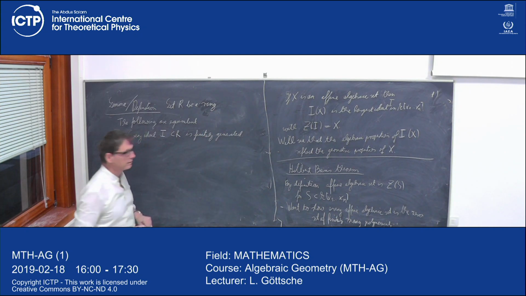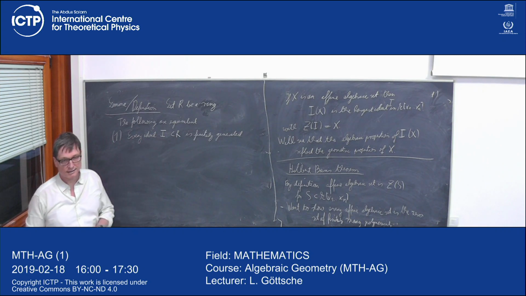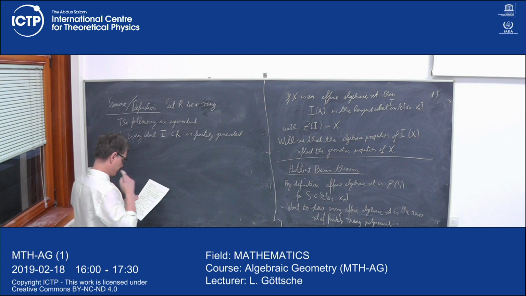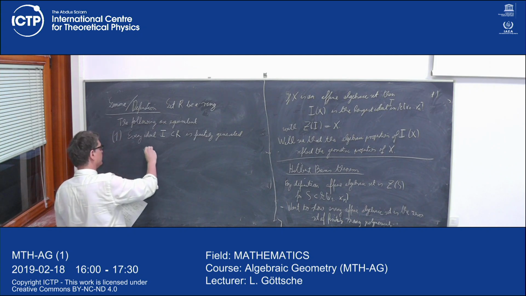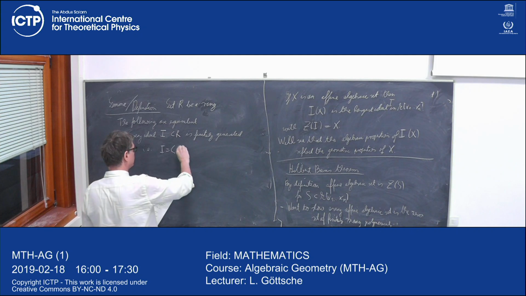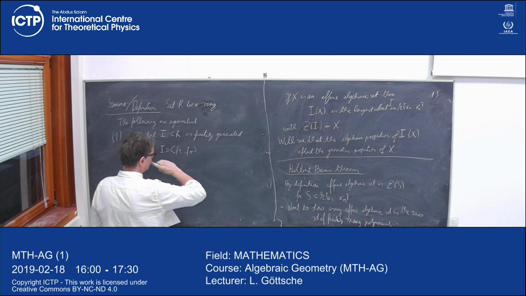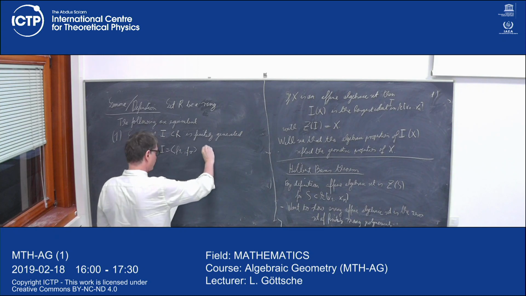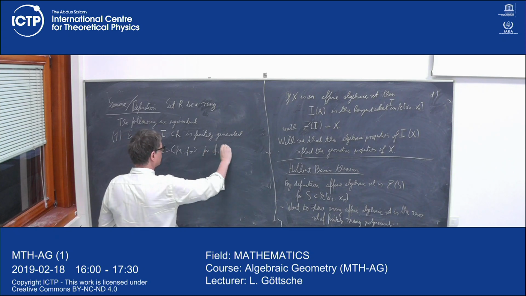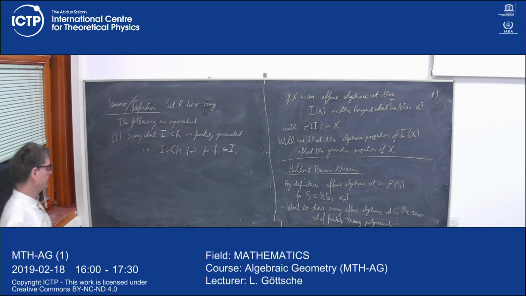That means it's written as the ideal generated by finitely many elements. That means you can write I equal to (f1, ..., fr) for finitely many fi elements in I. So it's the ideal generated by finitely many elements.